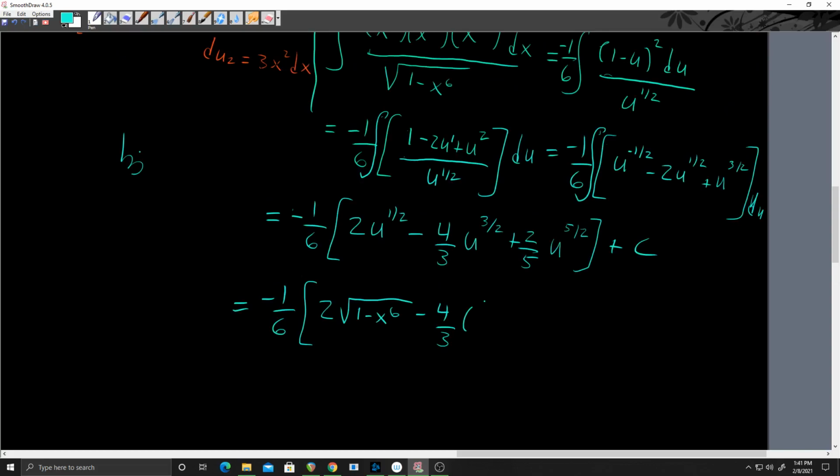So it's going to be 1 minus x to the 6 times square root 1 minus x to the 6. And then here we can do plus 2/5. This is 5 halves, 2 goes into it twice. So we're going to have 1 minus x to the 6 squared, times square root 1 minus x to the 6.